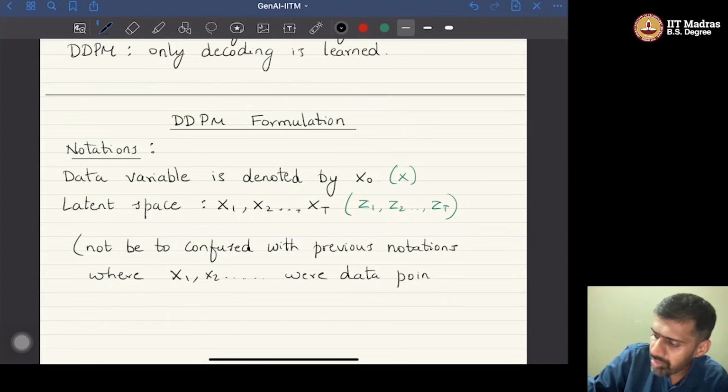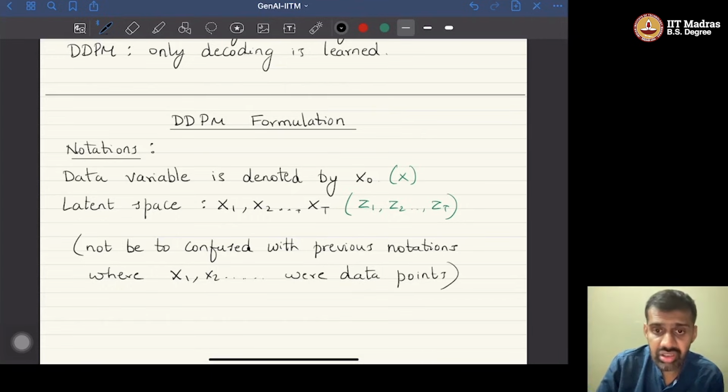Now in a DDPM, these are the latent vectors corresponding to a given data point x naught.